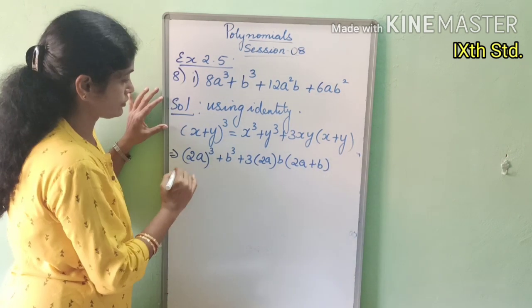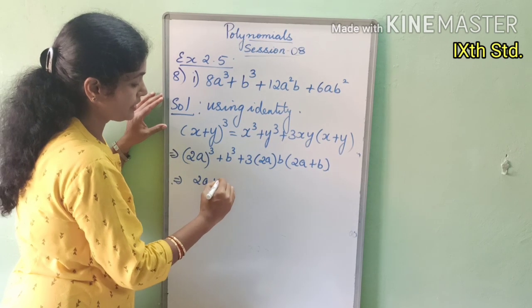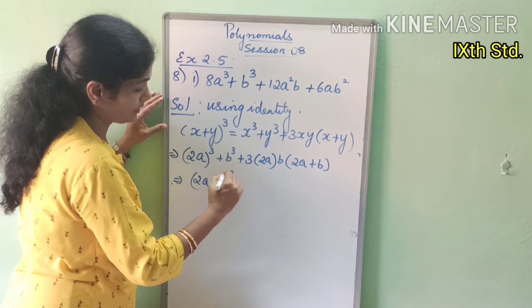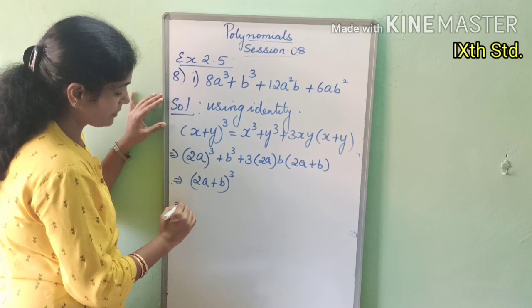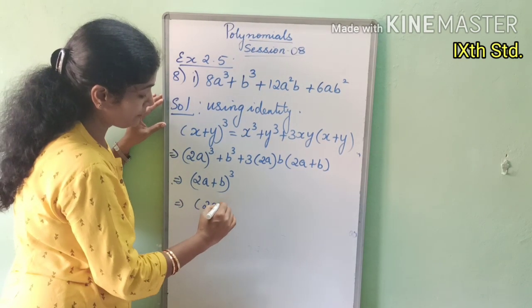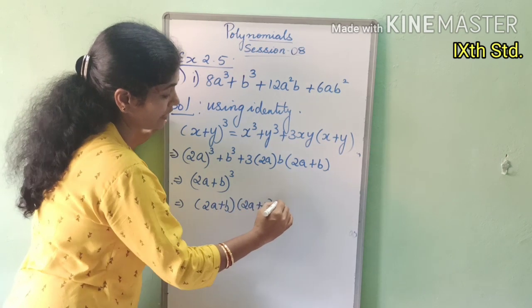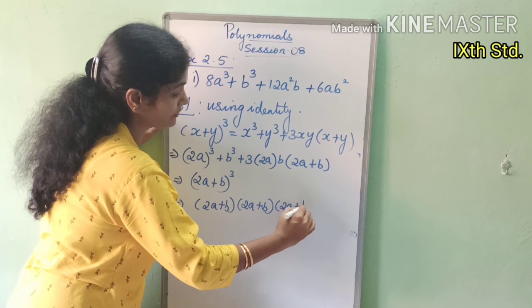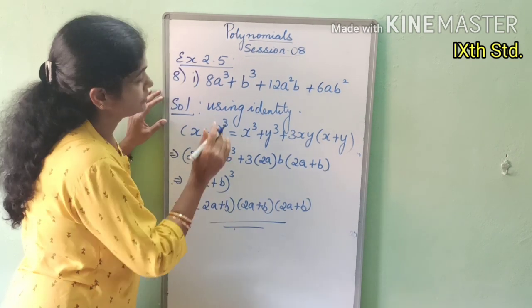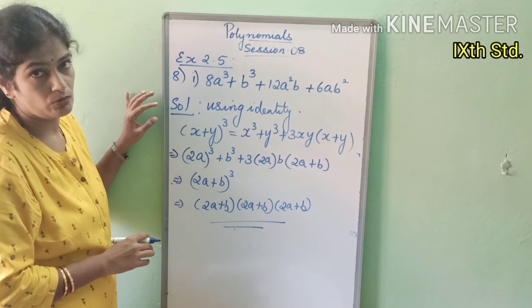So by using this identity, it leads to 2a plus b whole cube. So this 2a plus b whole cube is equal to 2a plus b into 2a plus b into 2a plus b. The factors of this expression give 2a plus b whole cube.